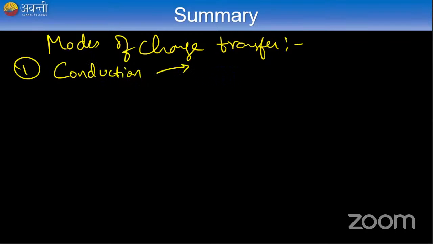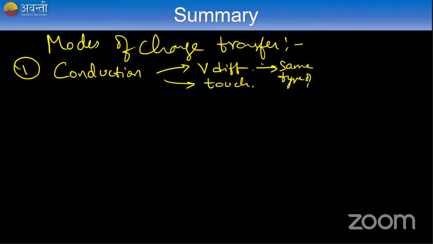In conduction, we had two conditions: there should be a potential difference and the two bodies should touch. Then same type of charge will flow from the charged body to the conducting body.